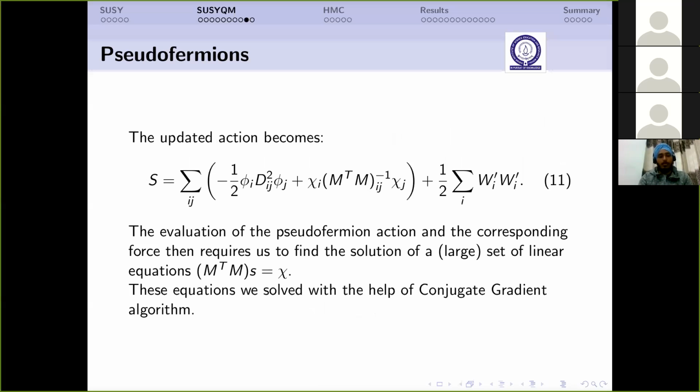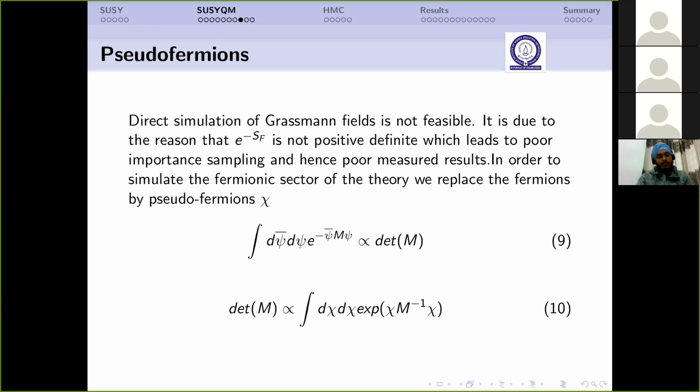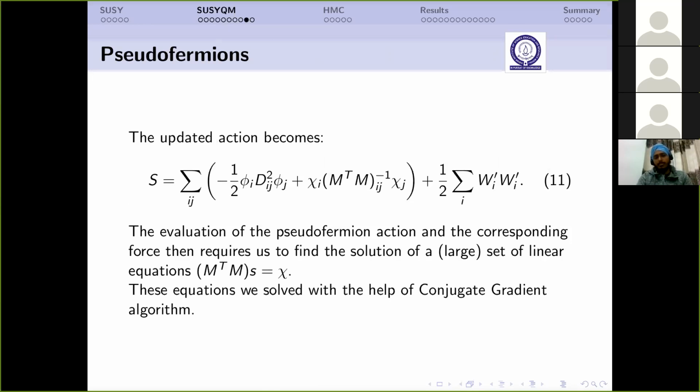By doing so, our action is updated in a sense. Instead of M, we can take M transpose M, due to certain reasons behind this: it is easy to solve with M transpose M. The matrix that we are getting is a diagonal kind of matrix, and it is much easier to solve this particular equation than with only M inverse.